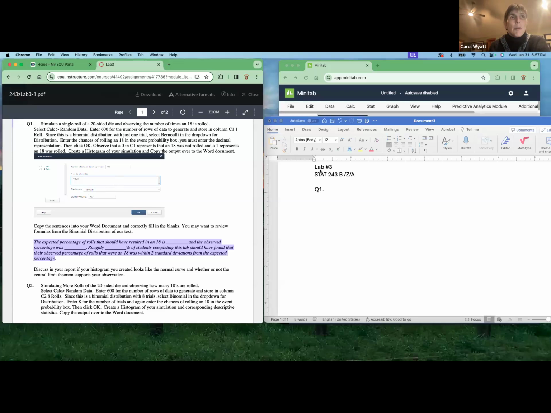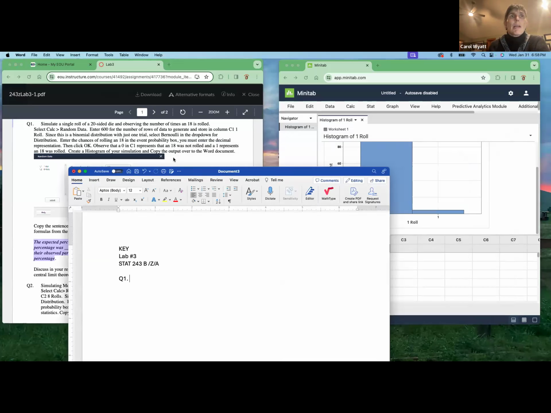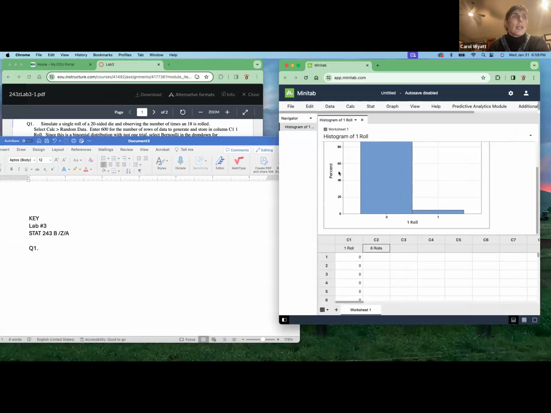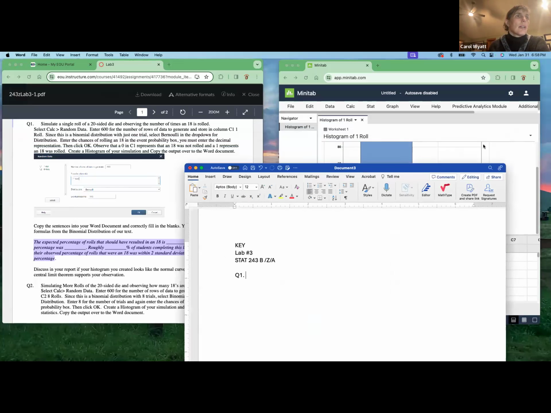I have a Word document where I've typed in my name and my course and my lab name, and then I have my Minitab open here. I've titled it Rule 1 and 8 rules, and now I'm going to go ahead and get started.